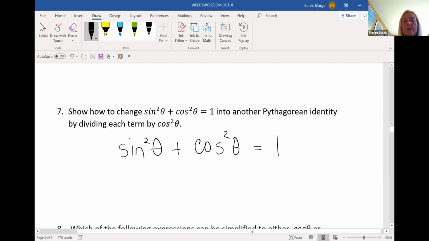Okay. Hopefully, I'm just going to go and do this one and then let you guys work the next one on your own. So this one, I'm going to divide everybody by cosine. I did this in the video. I think I divided them by sine in the video.